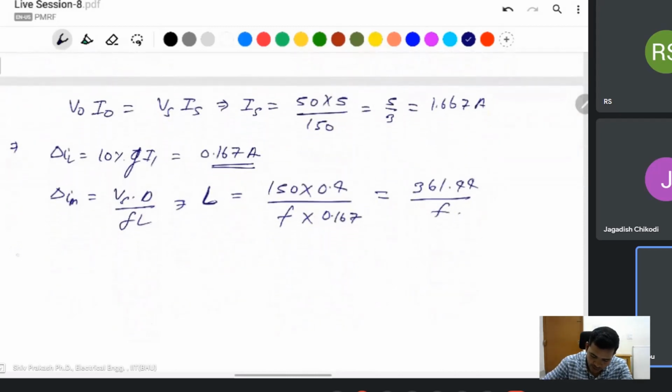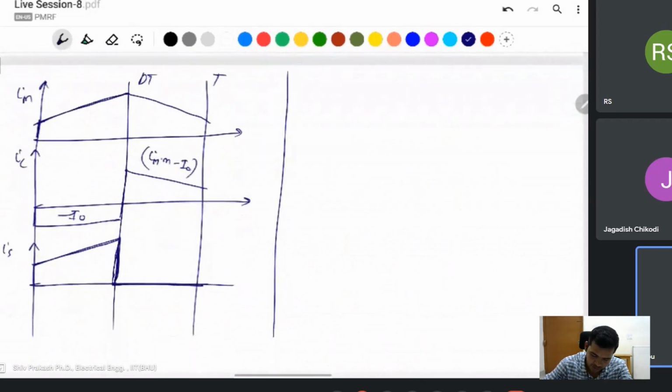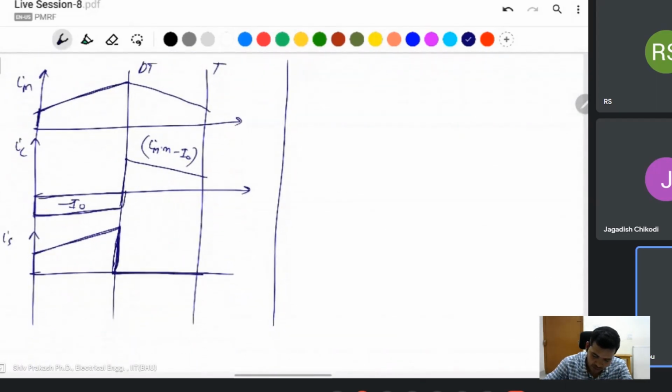The same way you can calculate delta Vc, which is 1% of V naught, equal to 0.5. Delta Vc is the same as I naught into D in the algebraic boost converter. Because IC is present, you can find the change as I naught into D dt time.